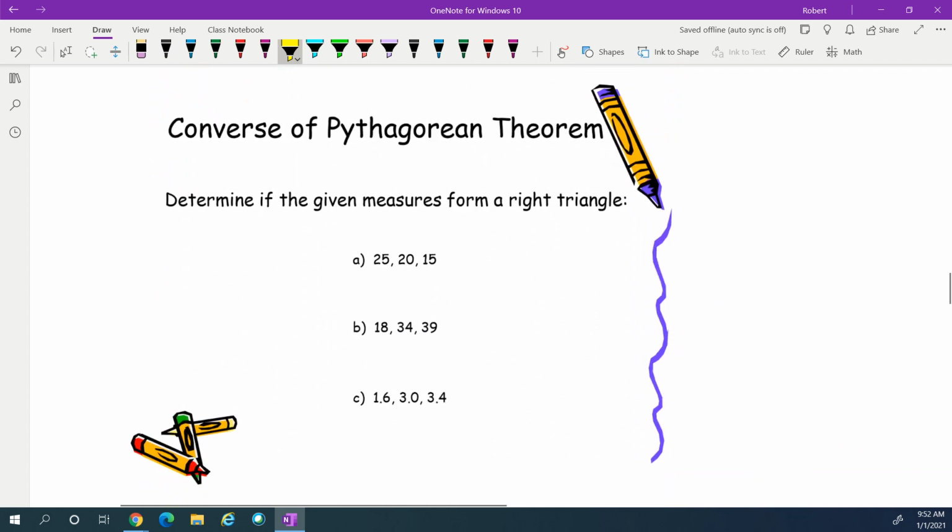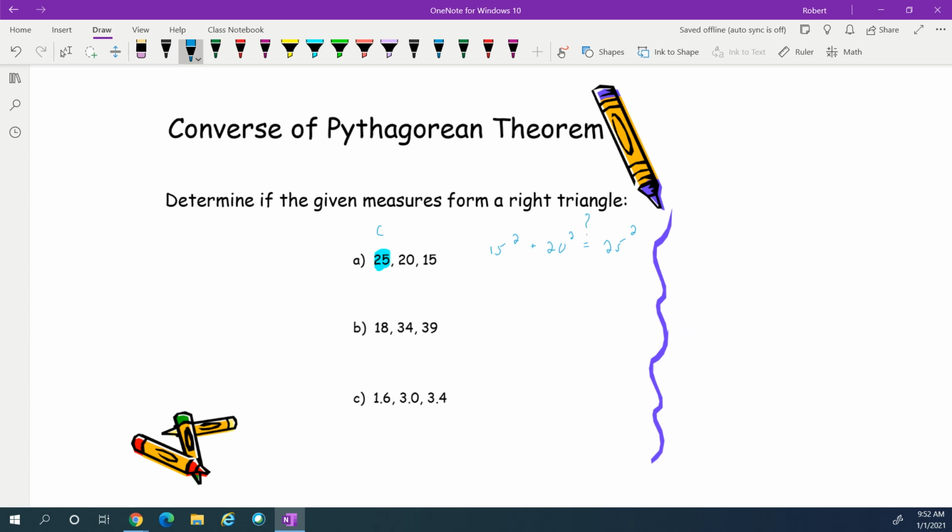So let's try just a couple, we'll just do a quick example or two. The first thing I want to do is find the highest number, because that has to go in for C. So now I could do something like 15 squared plus 20 squared equals 25 squared. Now remember, we're testing this.